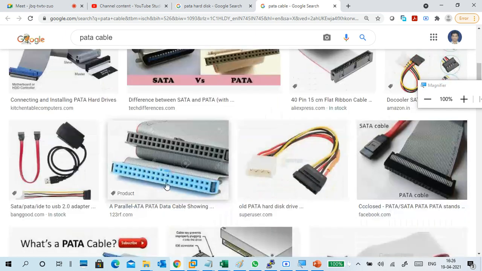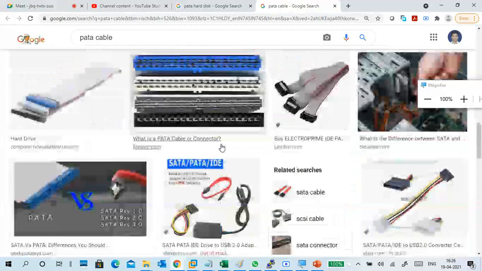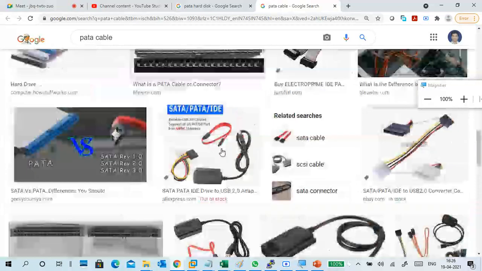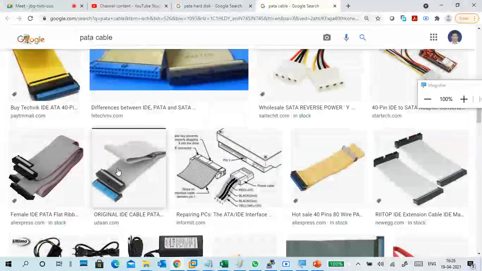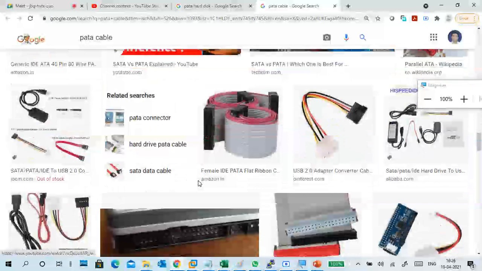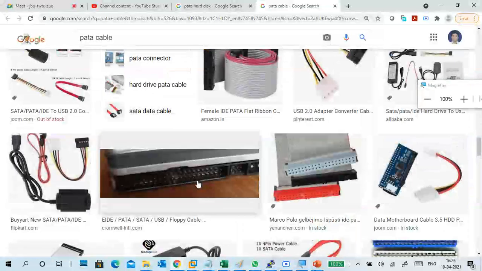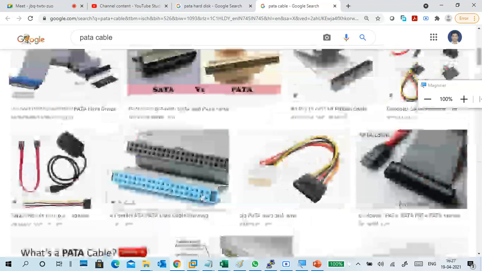You can see in this picture how they connect. One goes to the motherboard, another goes to the hard disk, and one more. So if you have two disks, you can connect two disks to a single ribbon cable on the motherboard.